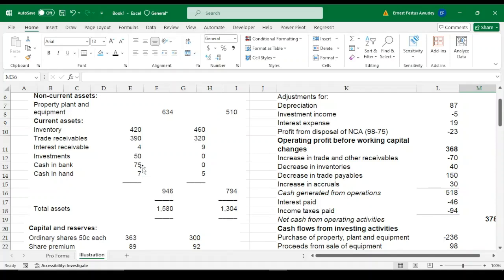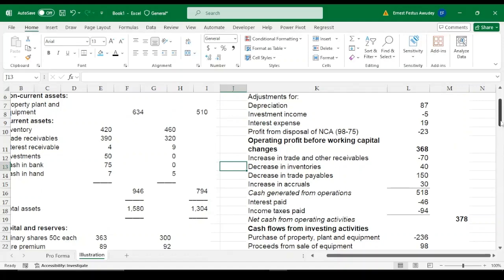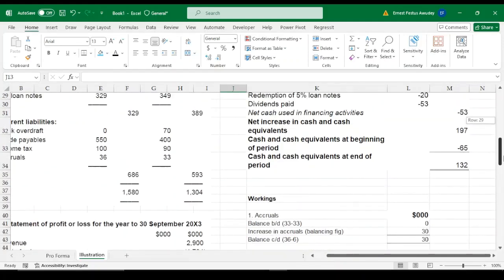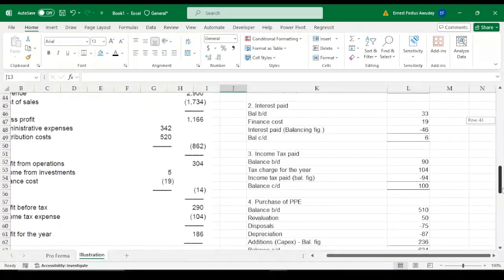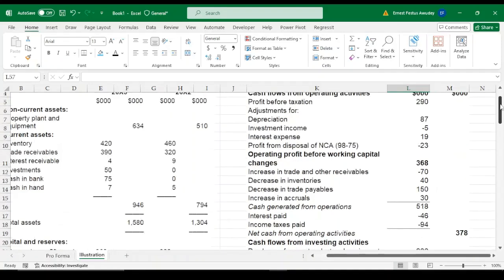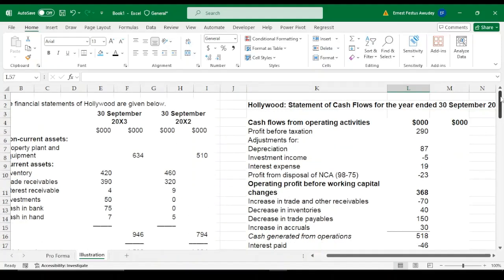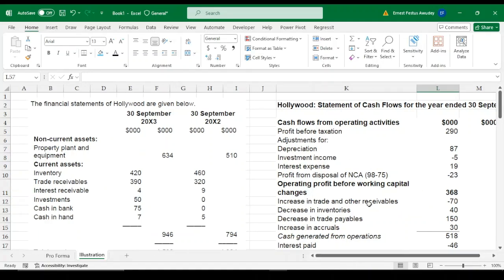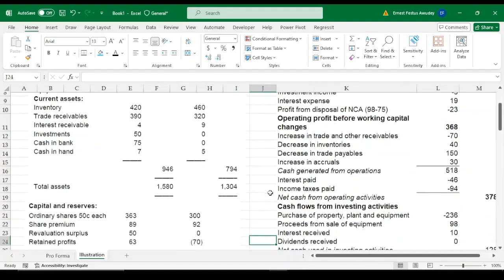So I have 50,000 added to 75,000, and then added to cash in hand of 7,000, and that is 132. So you can actually verify the cash and cash equivalents figure that you have gotten at the end of the period. This is how we prepare the statement of cash flows in accordance with IAS 7 Statement of Cash Flows.